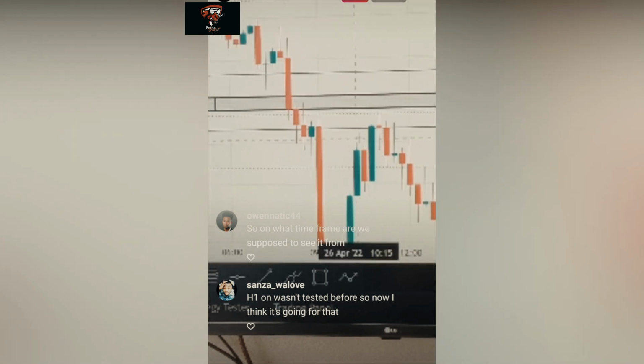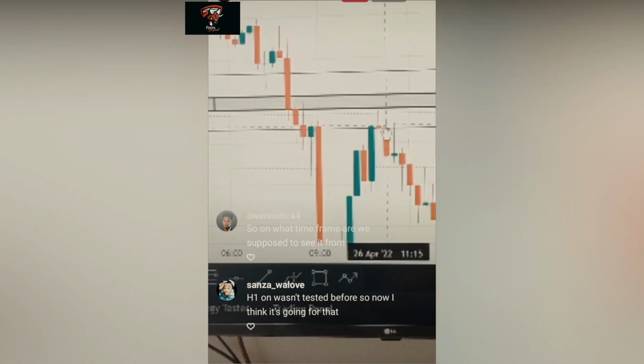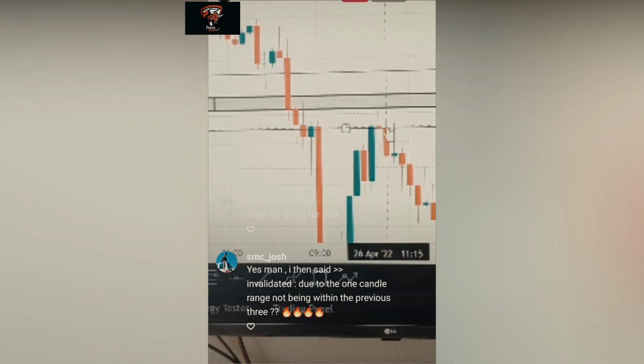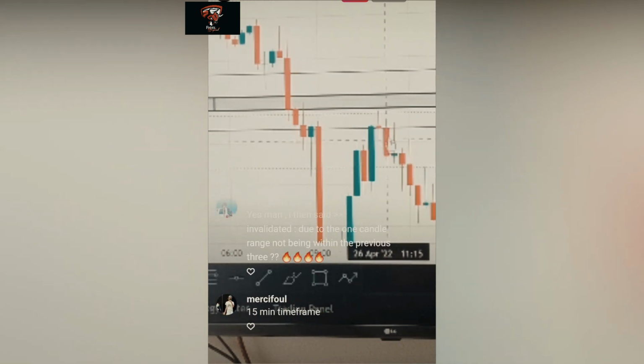If you look over here, at that range, price fell for the second time.